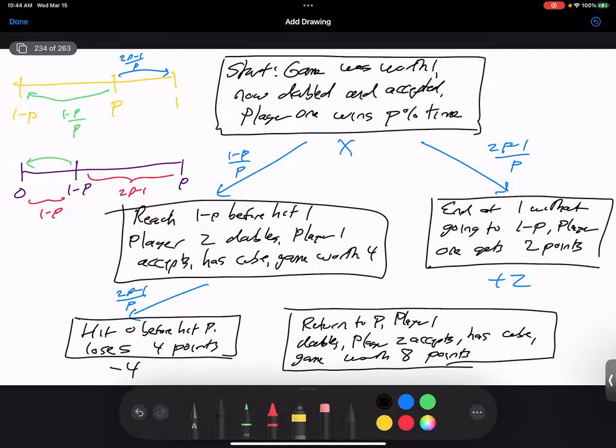So what's the probability that I come to here? That's just going to be (1 minus P) over P. What is the expected value now that I'm at this situation?